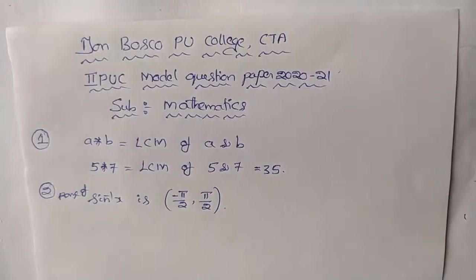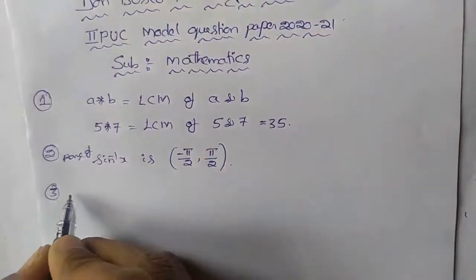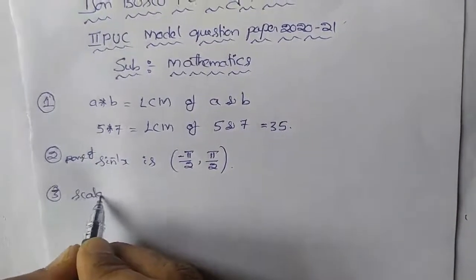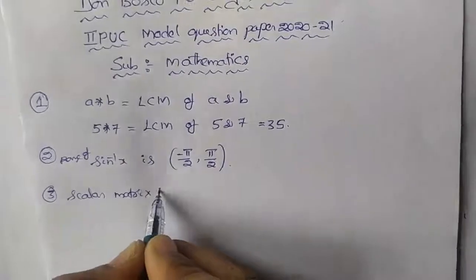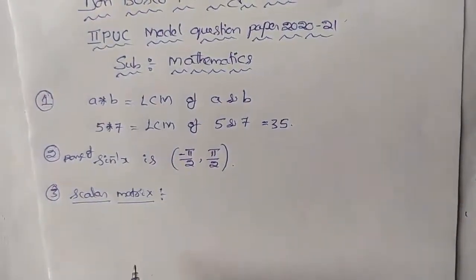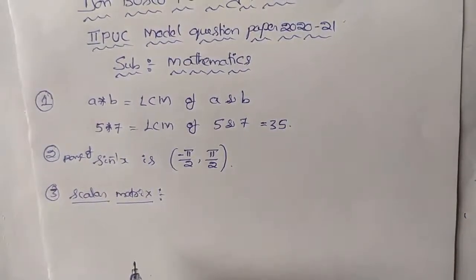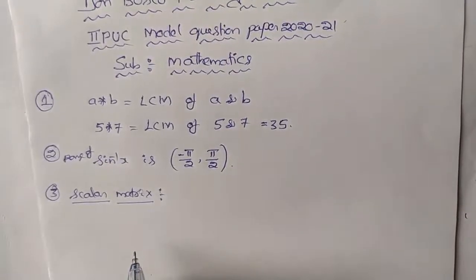Define scalar matrix. So scalar matrix is nothing but what? It is also a direct question. A diagonal matrix is said to be a scalar matrix if its diagonal elements are equal.